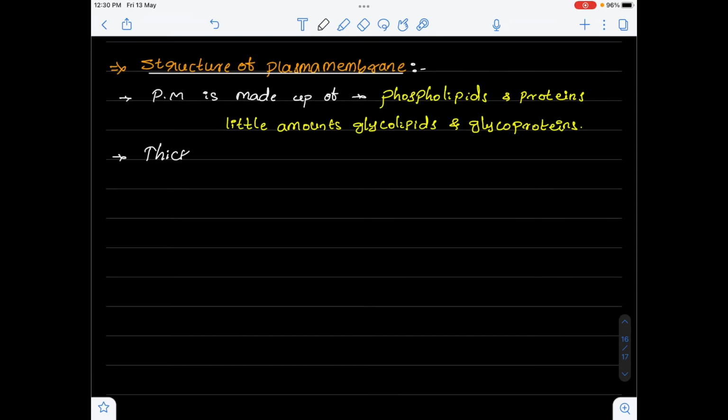And the thickness of plasma membrane is about 75 angstroms.